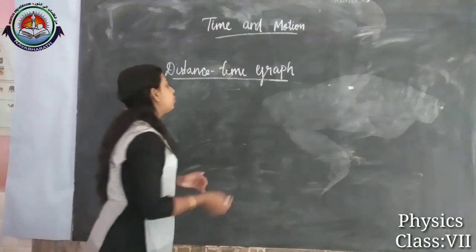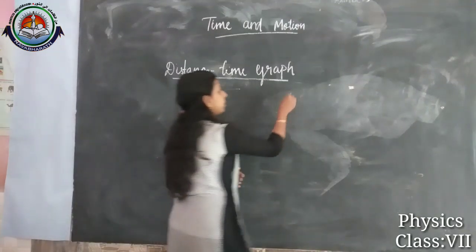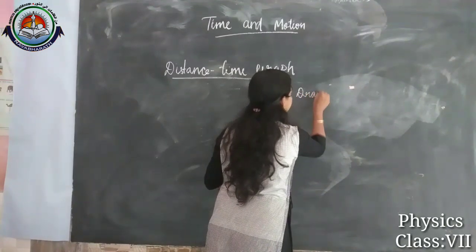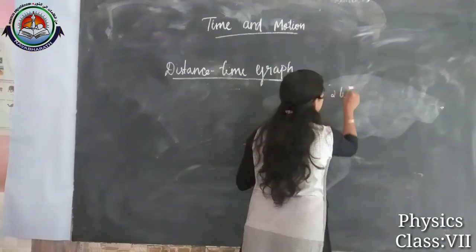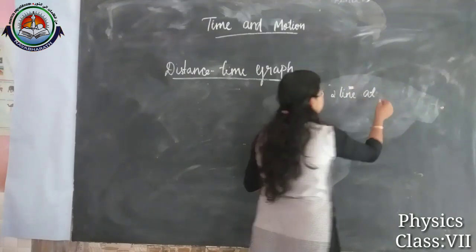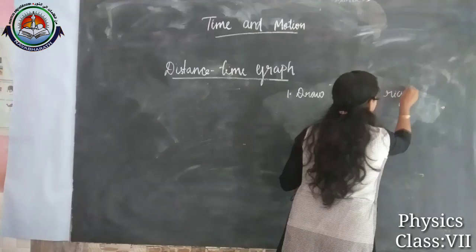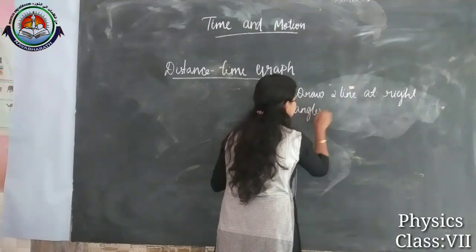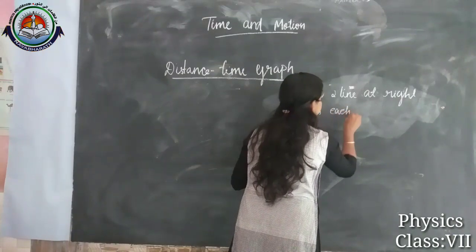So the first step is to draw 2 lines at right angles to each other.